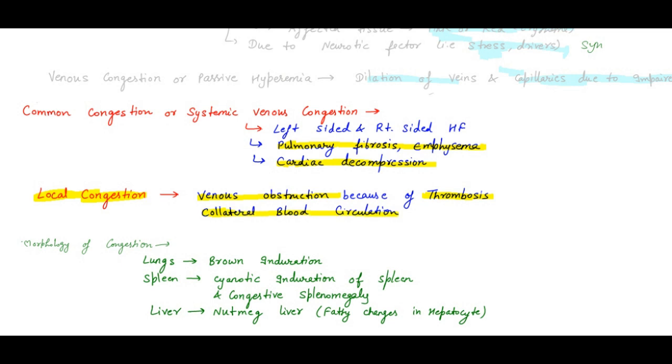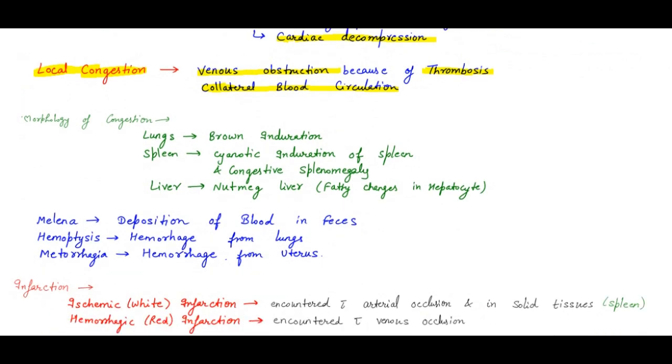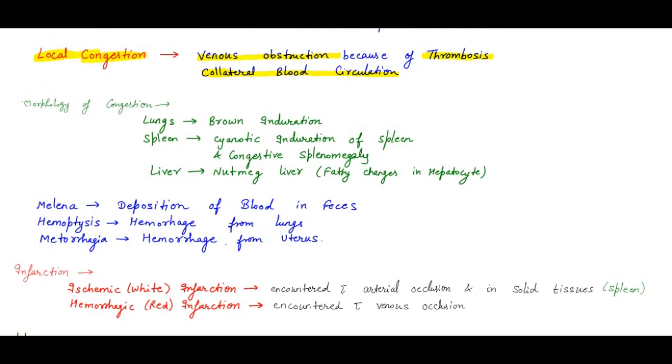Now the morphology of the congestion. It means lungs: we have the brown induration of the lungs. Spleen: cyanotic induration of the spleen and congestive splenomegaly. In the liver we find the nutmeg liver.